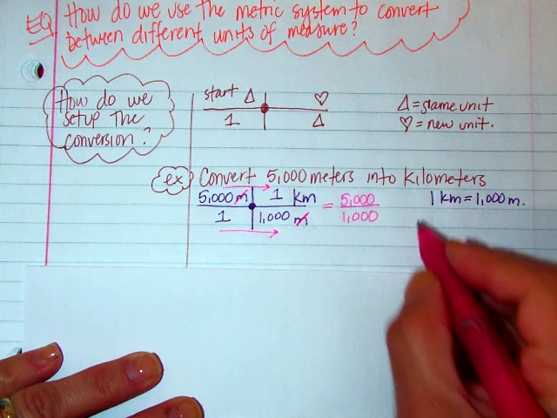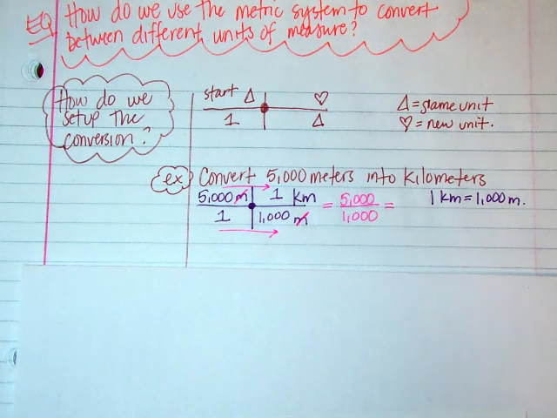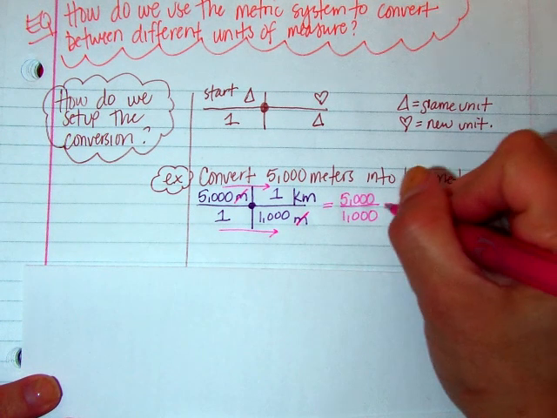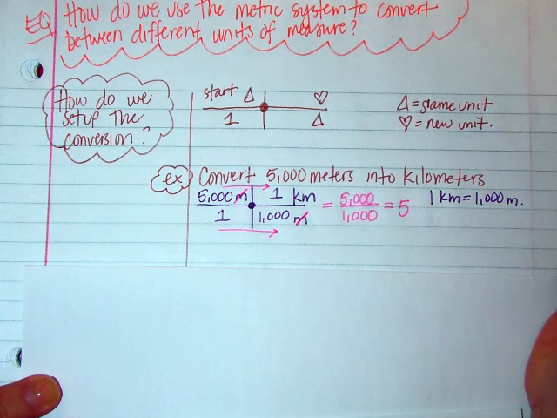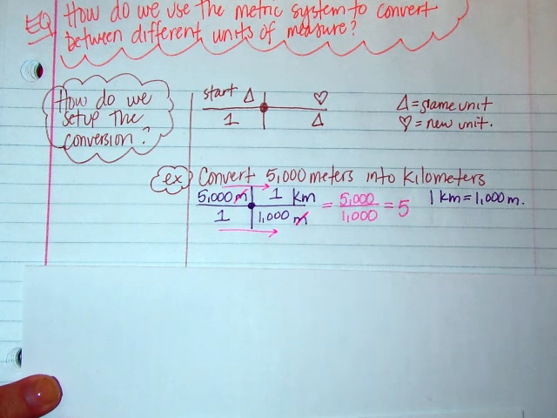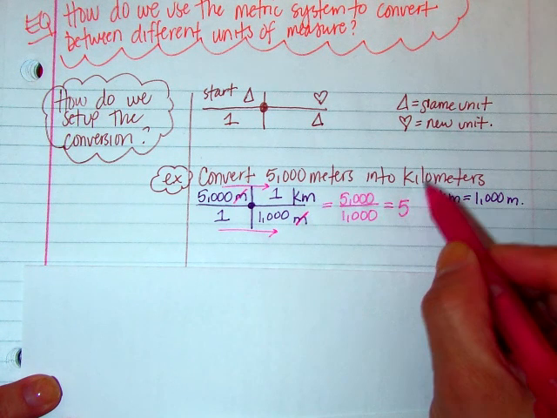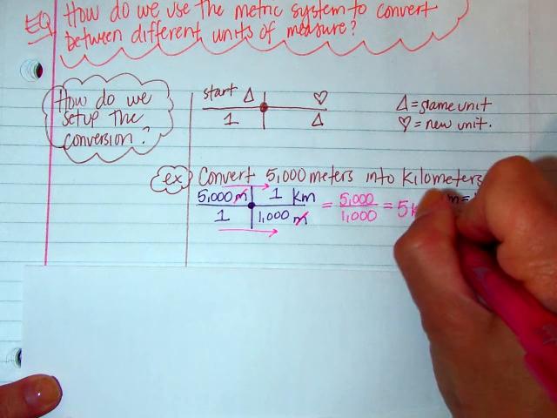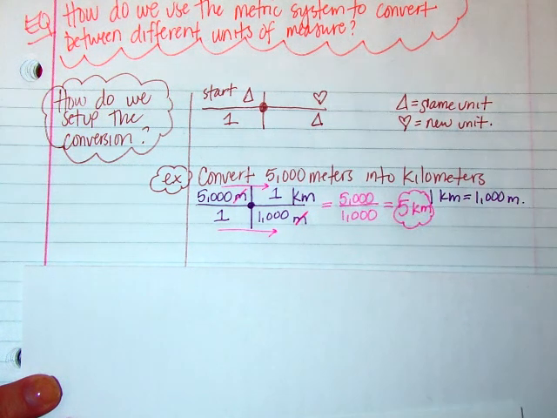From here, you're going to divide. So take your calculator, and if you divide here 5,000 by 1,000, you should get 5. And again, we're trying to turn the 5,000 meters into 5 kilometers. So make sure to write your unit, 5 kilometers. Okay? Let's try another one.